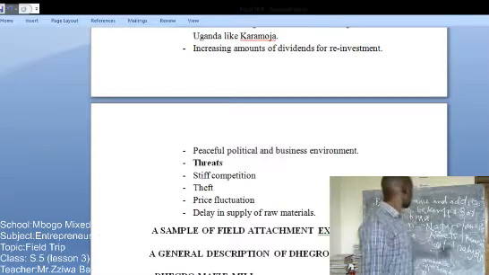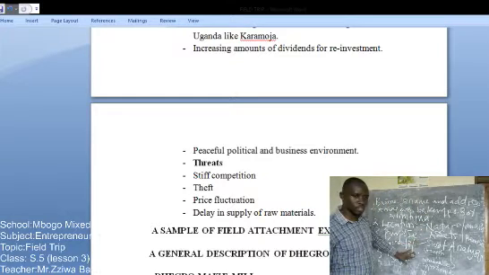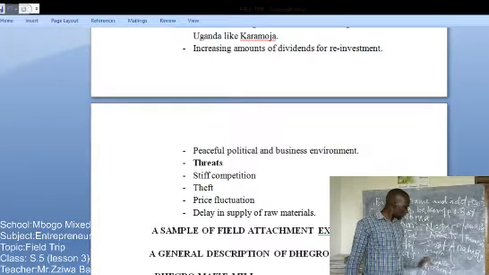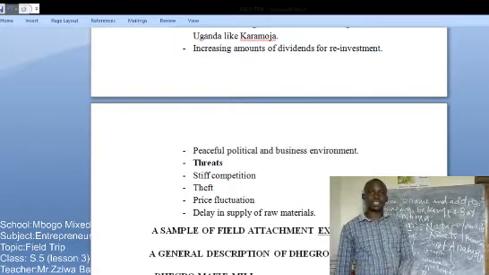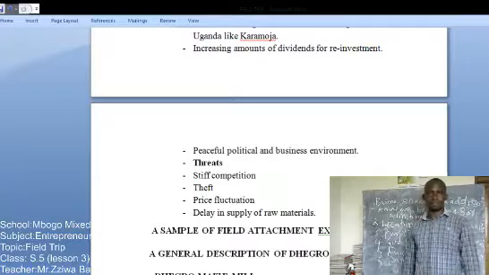We don't want this other detailed form of presentation. Just concentrate on SWOT analysis. Write the strengths, weaknesses, opportunities, and threats of a business. That one will be far much better.